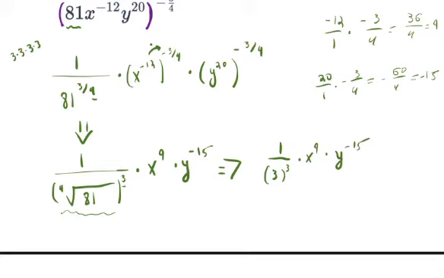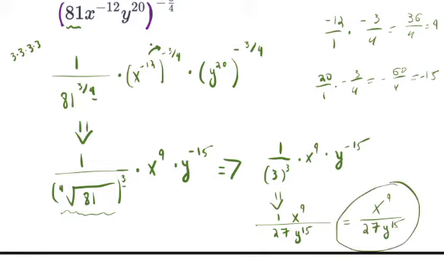So 3 cubed, 3 times 3 is 9, times another one is 27. So this is going to be 1 over 27, x to the 9th on top, y to the positive 15th on bottom. So written fully cleanly out, x to the 9th over 27y to the 15th. Final answer there.